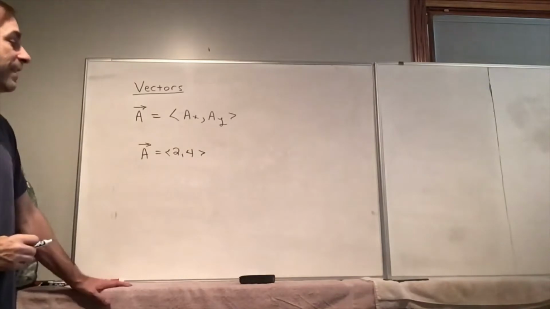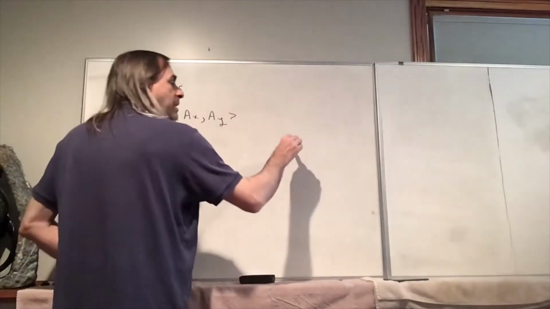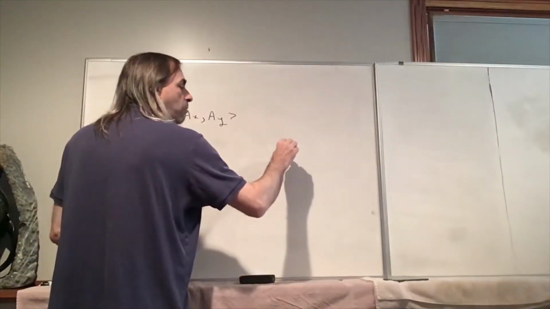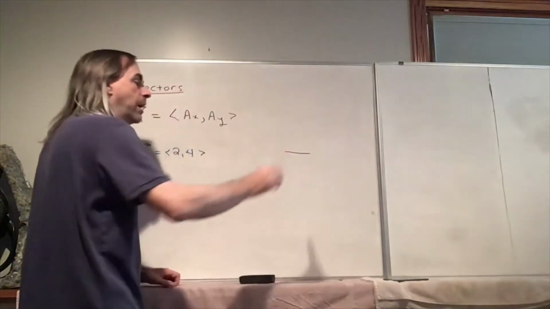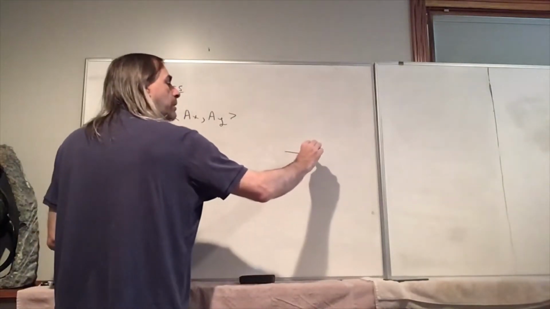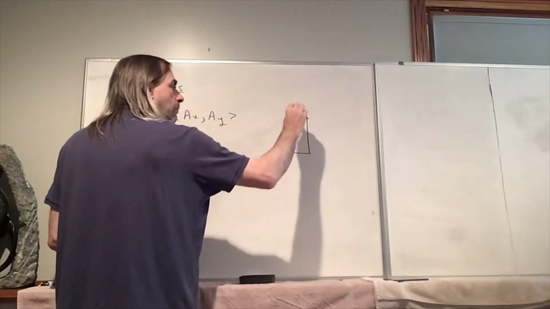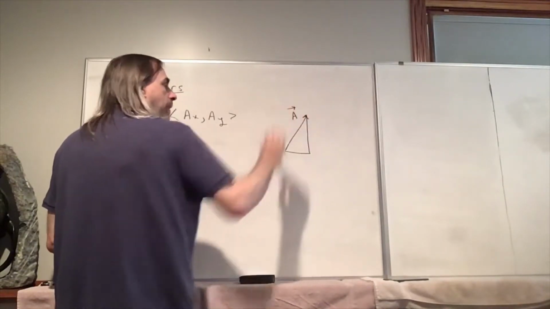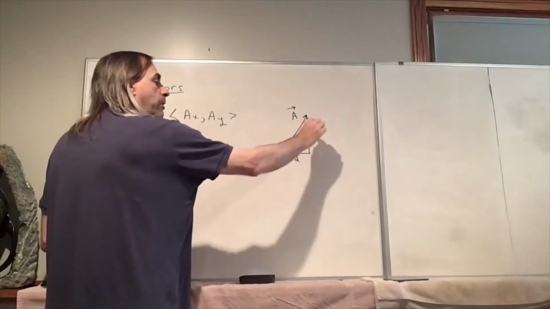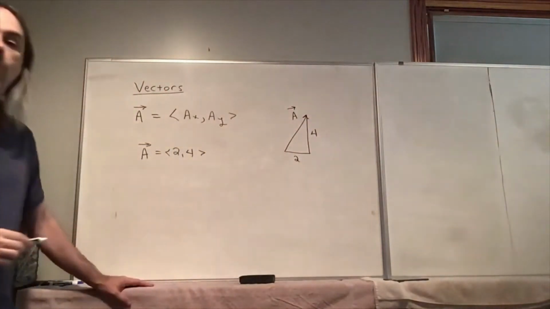Now we can represent that graphically as a vector that goes 2 units in the x direction and 4 units in the y direction. So that would be vector A. You go 2 in the x direction, 4 in the y direction.